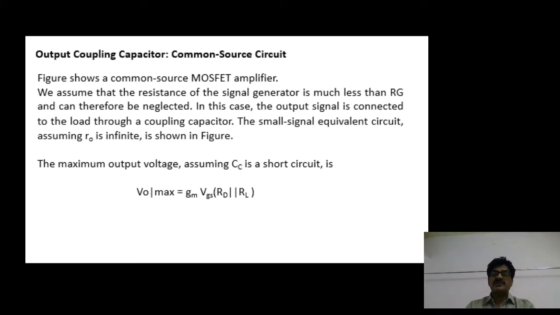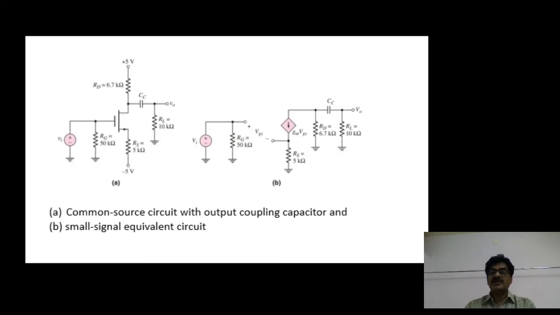So the maximum output is VO max equal to GM VGS into RD parallel RL. In the circuit you can observe that the maximum output possible is when CC is short circuited, current into the resistive network RD parallel RL. That is the maximum output voltage.